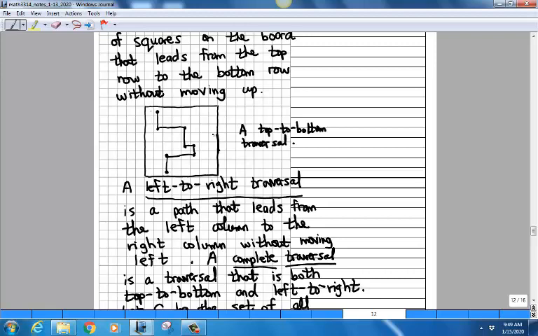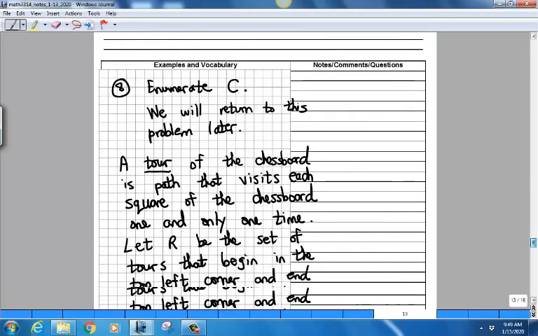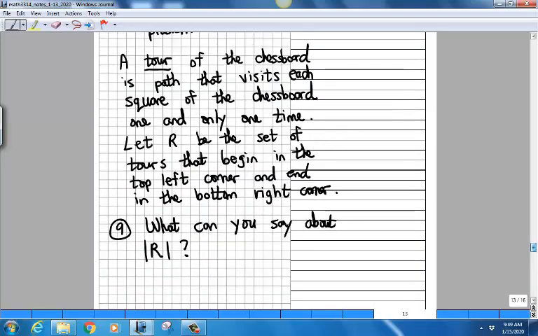So maybe the more interesting problem is counting how many tours there are, so determining the cardinality of that set, or putting some additional restrictions on your tour, which may make the problem more interesting. That's what we're going to do here. So here's the restriction that I'm going to give you. Suppose we want the tour to begin in the top left-hand corner and end in the bottom right-hand corner.